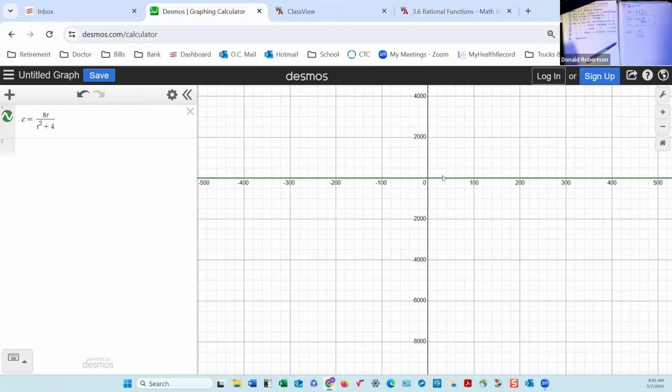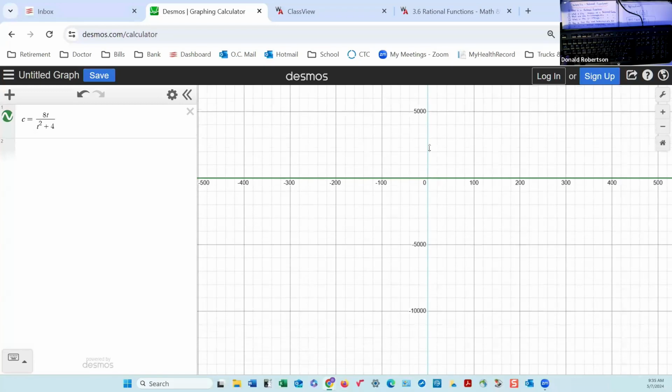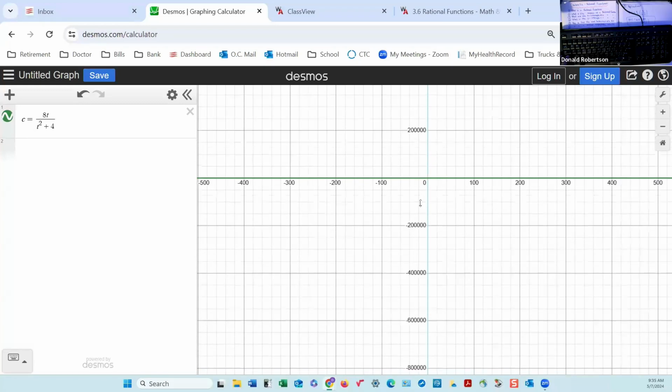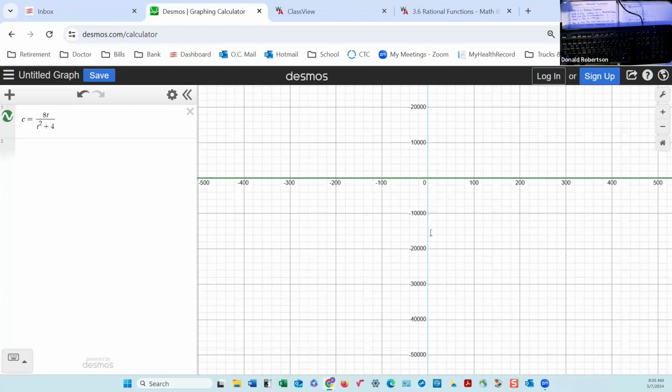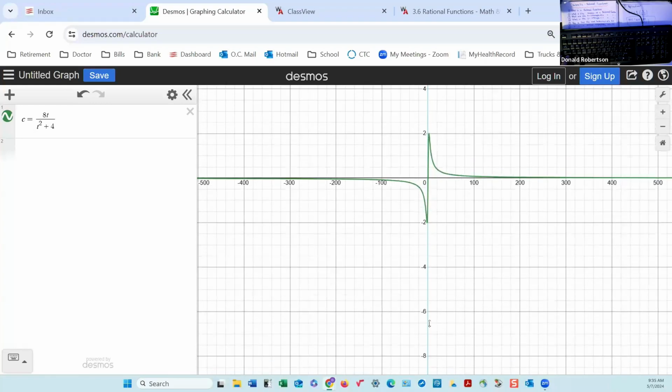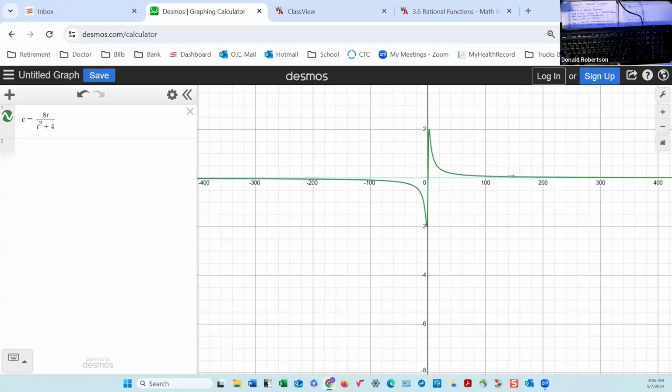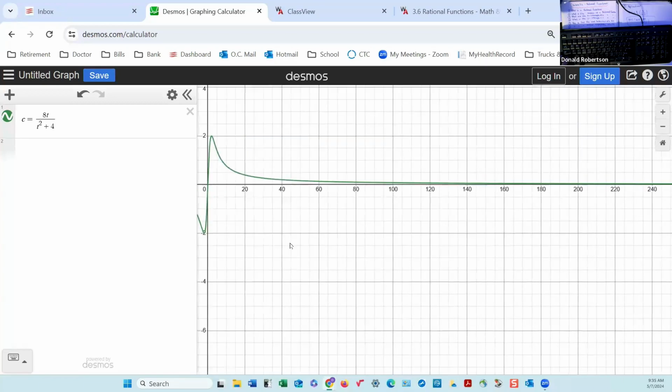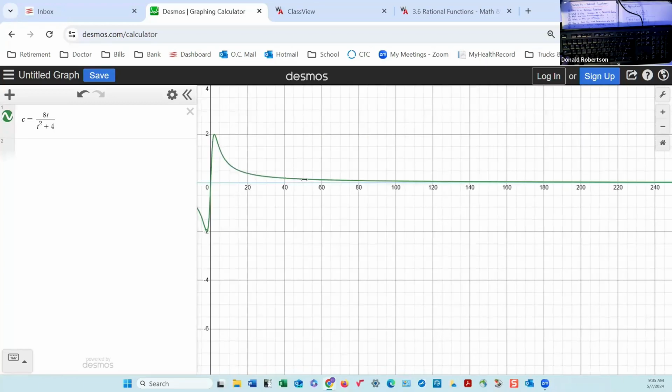And looking at the scale, it's definitely not obvious what's going on. So I'm hitting shift and I'm making the vertical scale. Okay, I'm going to take the horizontal scale and I'm going to shift everything to the right.